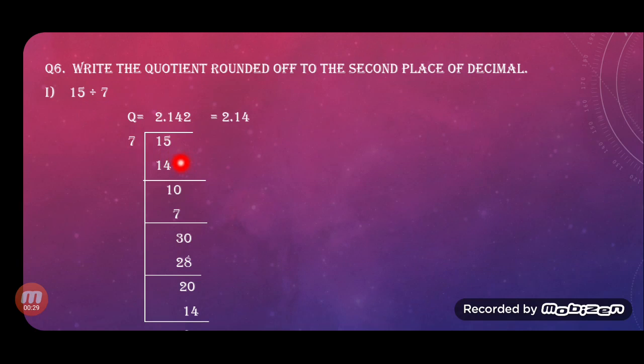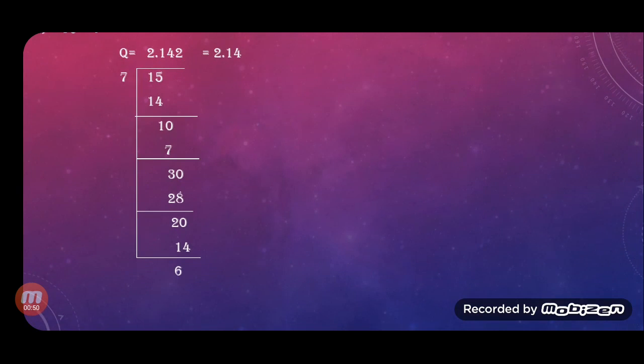Already you know how to divide the whole number. 15, 7 2 ja 14. 5 minus 4 1. Just put the decimal and add 1 0. You can add so many zeros, you know that. 10, 7 1 ja 7. 10 minus 7 3. Then again you will add 1 0. 7 4 ja 28. 10 minus 8 2.